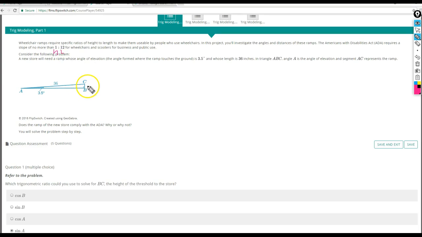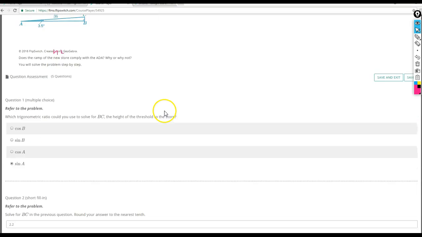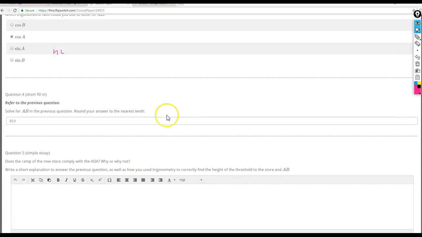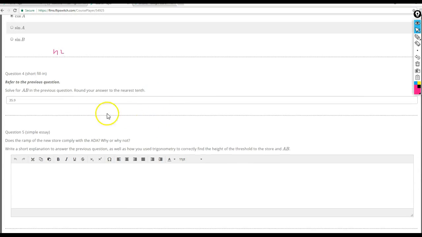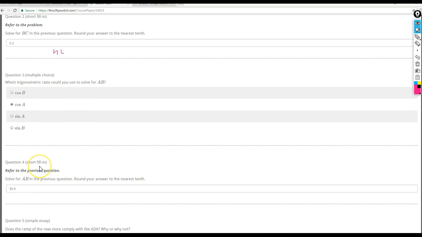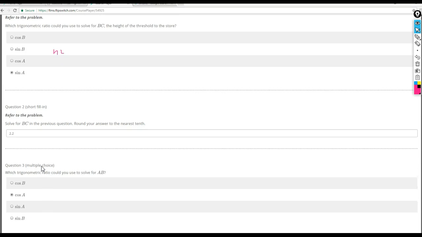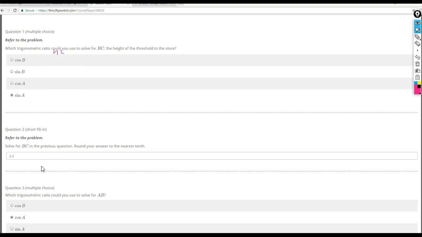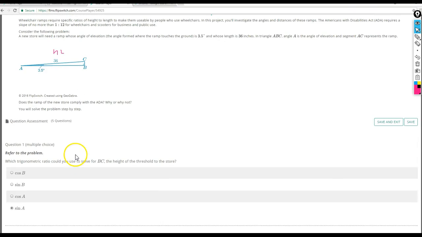So we found our height and we found our length. So now we need to set up a proportion to see if it does. We have our height, which was 2.2, and our length was 35.9.